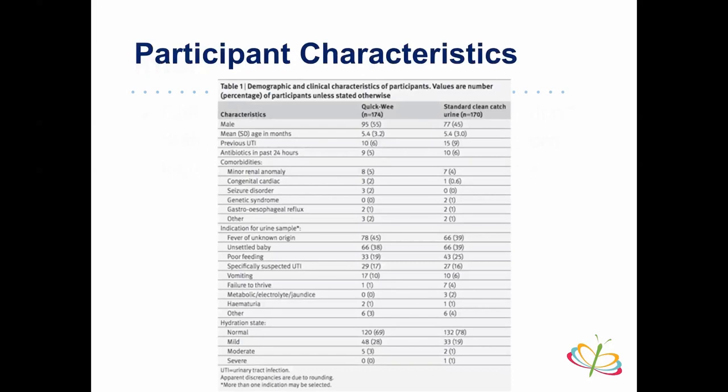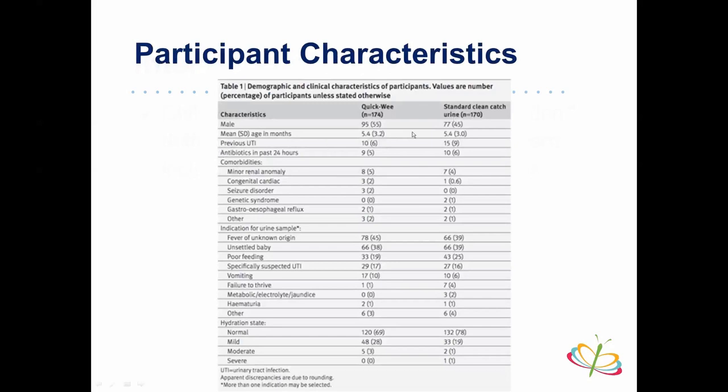Okay. So the participant characteristics. Looking at both the quick wee and the standard clean catch, they looked at gender, mean age in months, previous UTI, antibiotics in the past 24 hours.